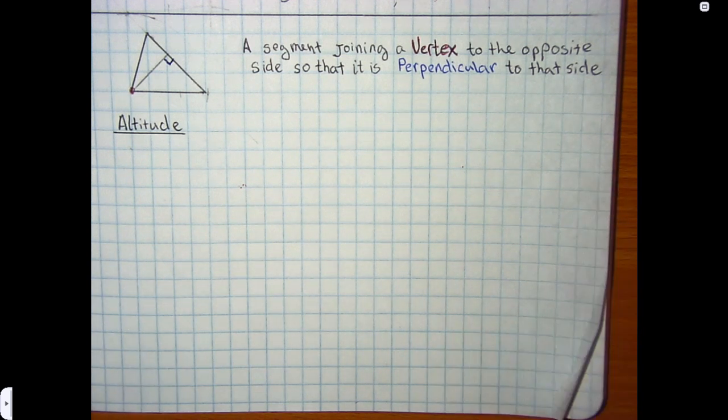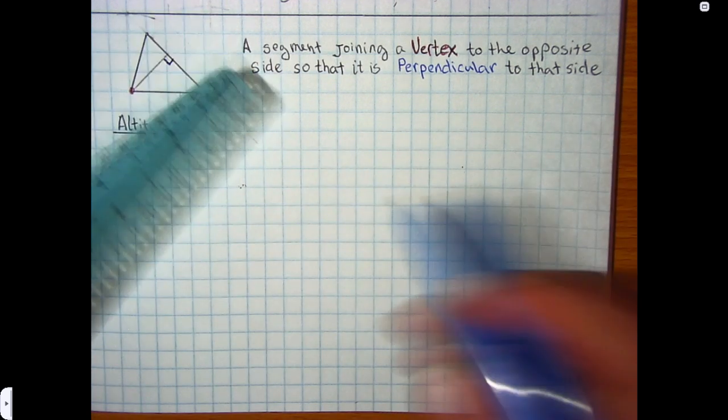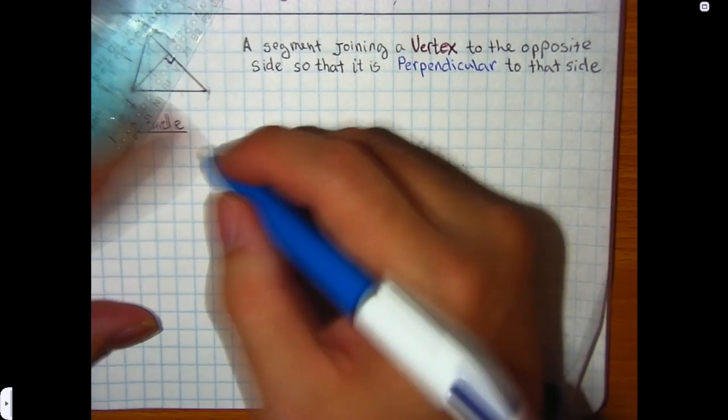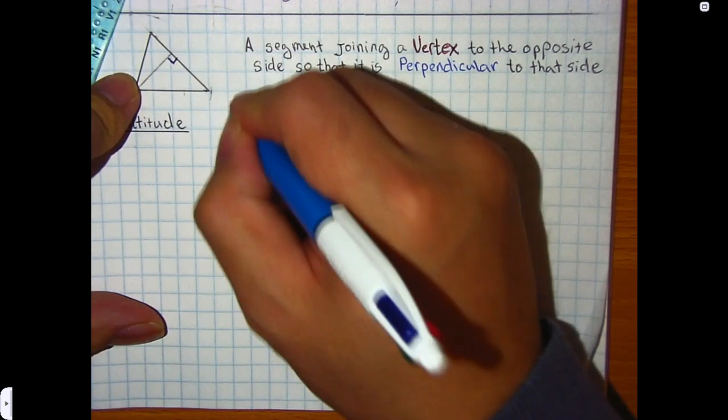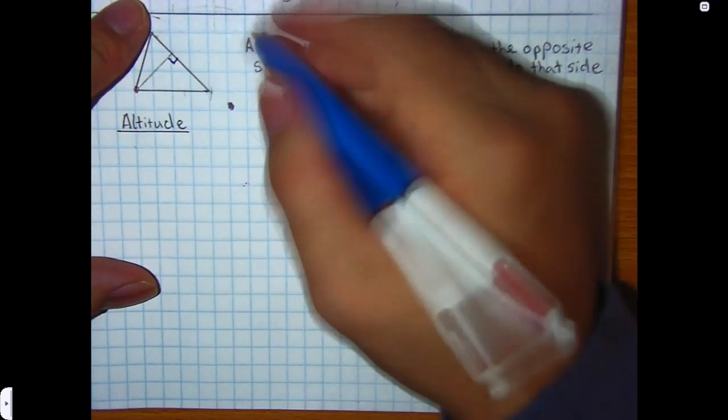So let's see some examples of this. If we have this triangle, this is the thing about altitude. It does not have to be inside of a triangle.